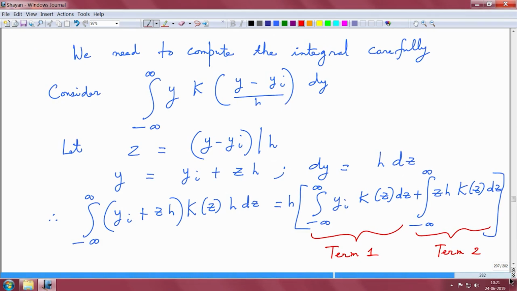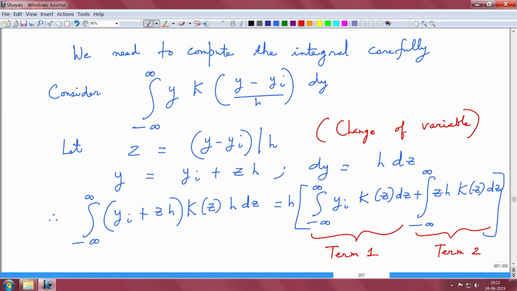Now, what we have to do is basically define a new variable z, which is y minus yi upon h. So, we just make a change of variable here. So, y is basically yi plus z times h. So, dy is basically h times dz, because the derivative of yi is 0.